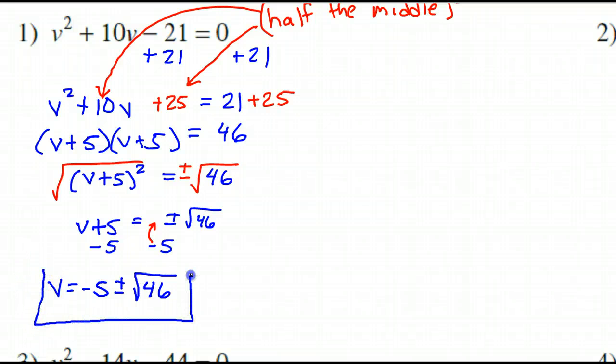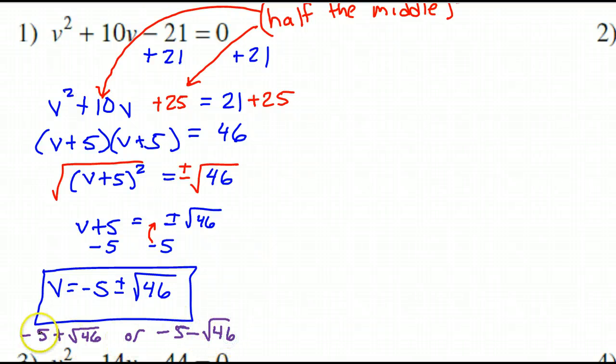Okay, and that is how you solve a quadratic equation using completing the square. Please understand that this is two different solutions. This is a common way to write it, but this really means negative 5 plus radical 46 or negative 5 minus radical 46. Okay, it's really two different solutions.